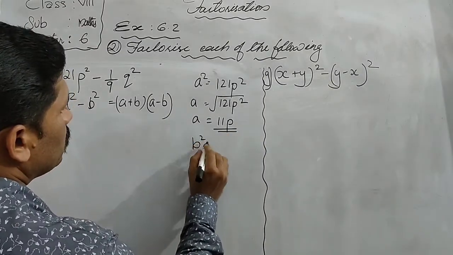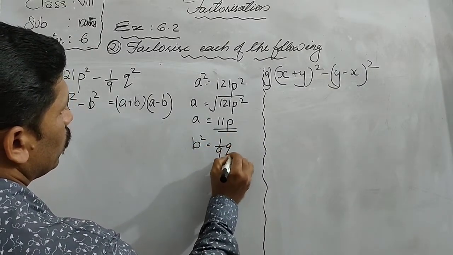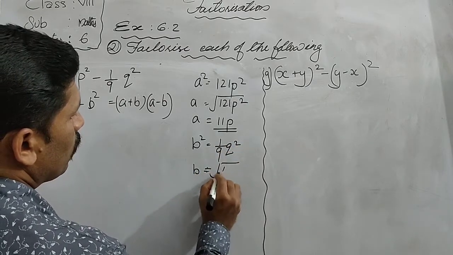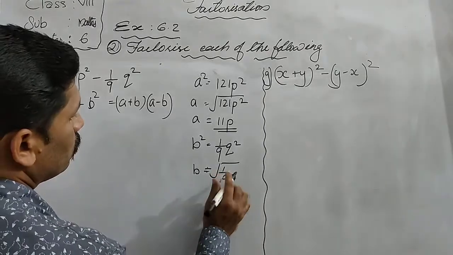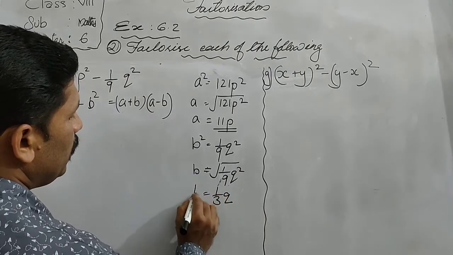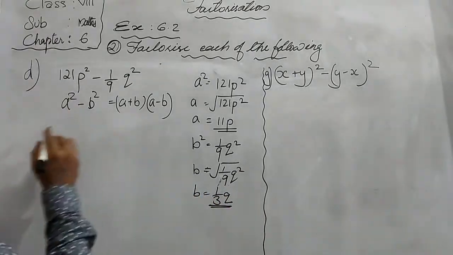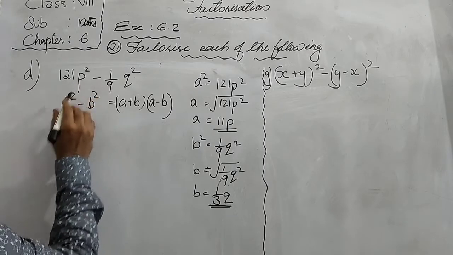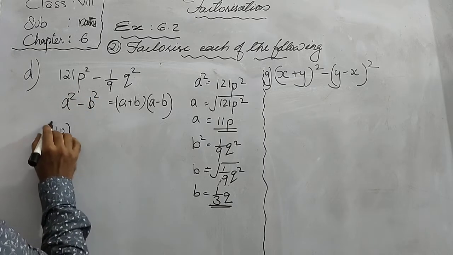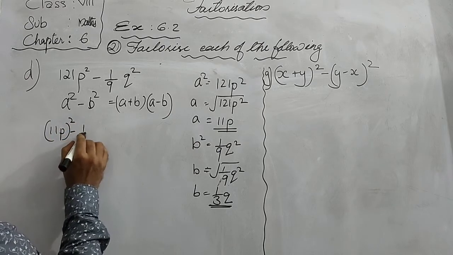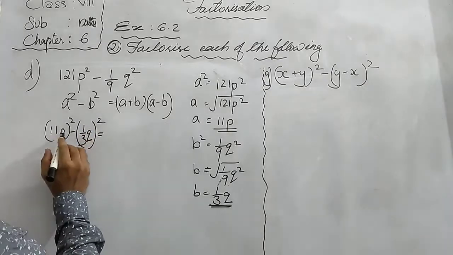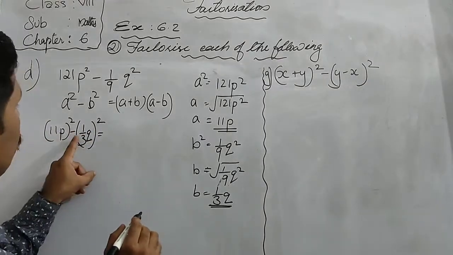Then b square is equal to 1 upon 9q square. Therefore b is equal to root of 1 upon 9q square, that is equal to 1 upon 3q. So a and b we found out. Now we expand according to the identity. So 121 p square can be written as (11p) all square minus (1 upon 3q) all square, that is equal to a plus b into a minus b.